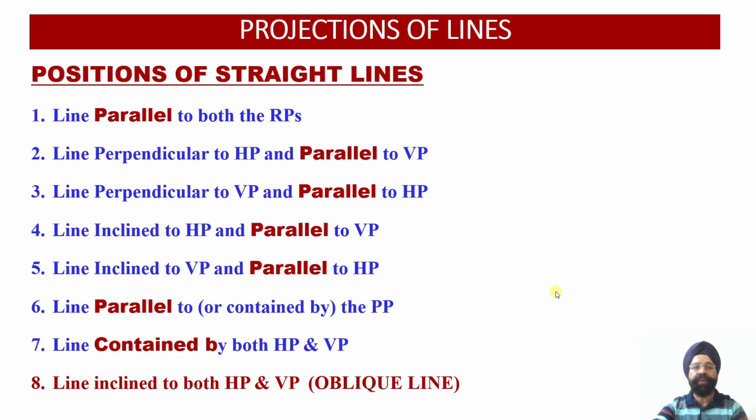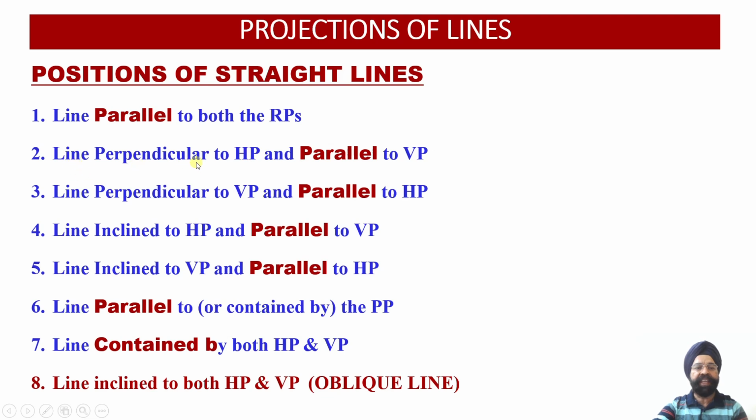Now here we are going to discuss the projections of lines at different locations in space with respect to the reference planes, horizontal plane and vertical plane. So these are the 8 cases we are going to discuss one by one. The first case is the line parallel to both the reference planes.